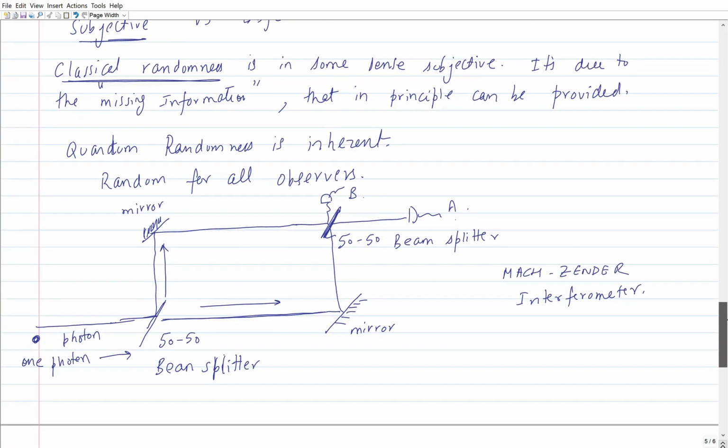So in order to calculate the probabilities, let's see what are the paths the photon can take. I'll again draw the beam splitter.